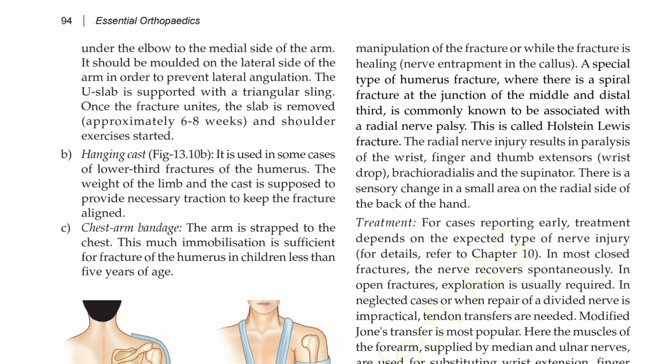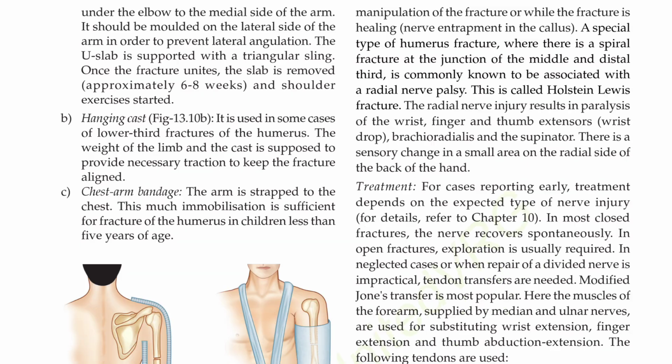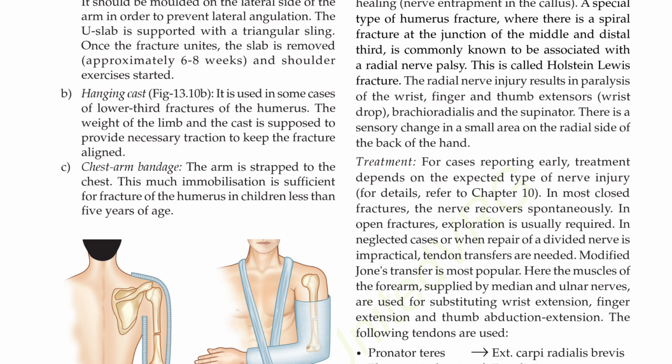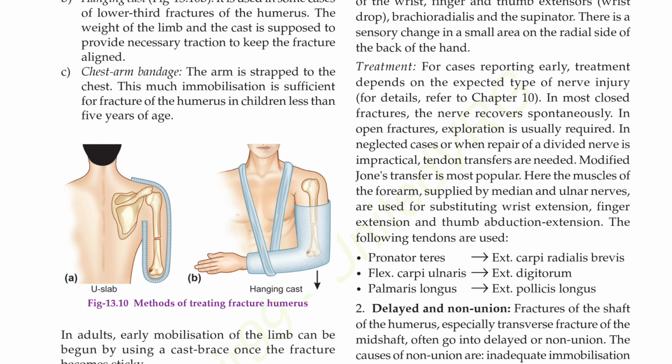The radial nerve injury results in paralysis of wrist, finger, and thumb extensors, causing wrist drop, and of the brachioradialis and the supinator. There is a sensory change in a small area of the radial side of the back of the hand.